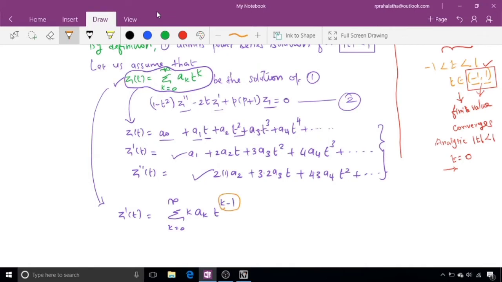For that purpose, we have to replace here k minus 1 by k. That is, k minus 1 replaced by k means k replaced by k plus 1. So the value is equal to summation k varies from 0 to infinity, k replaced by k plus 1, a suffix k plus 1, t power k plus 1 minus 1, that is k.